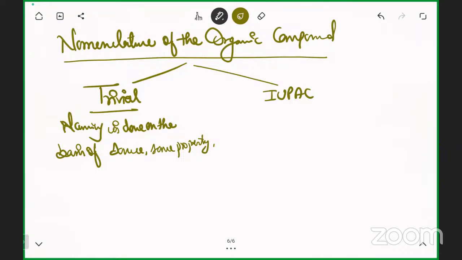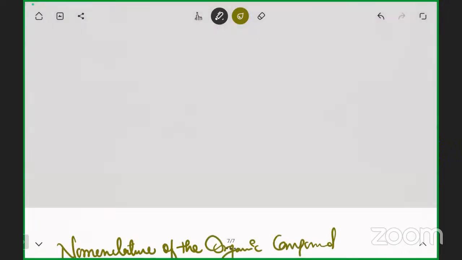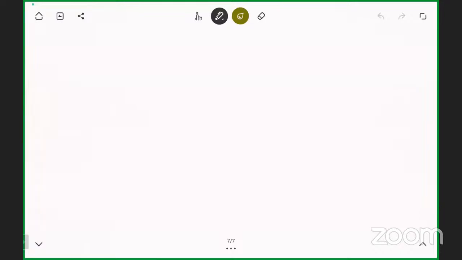Quite frequently the name was chosen from either a Latin or Greek word. So we have two types of nomenclature. First one is the trivial, in which the naming is done on the basis of the source or some property of the compound. If I go deeper, I can give you some examples, like acetic acid.